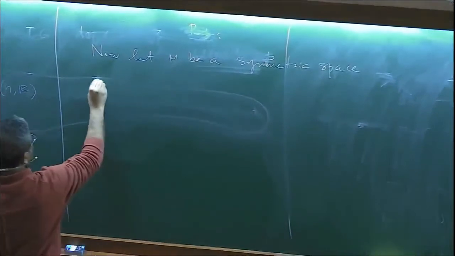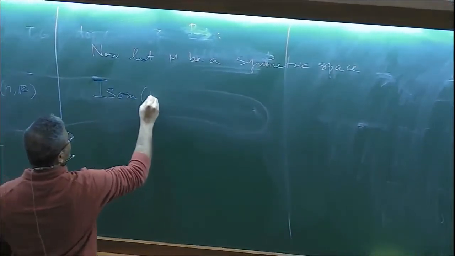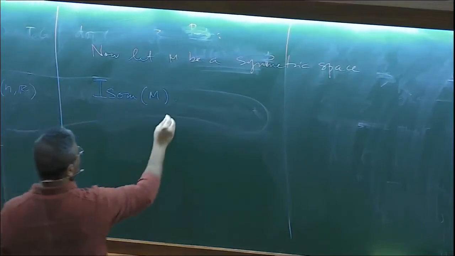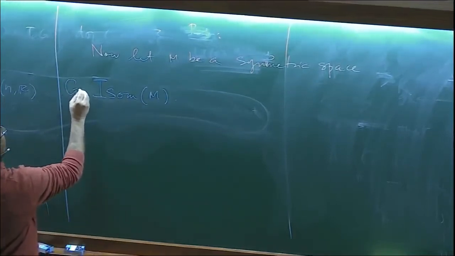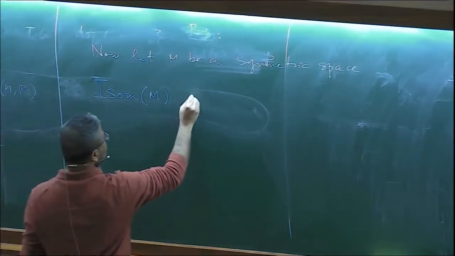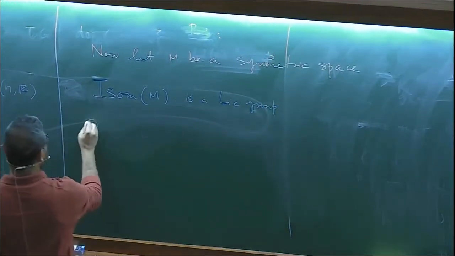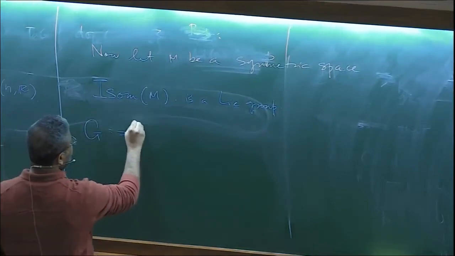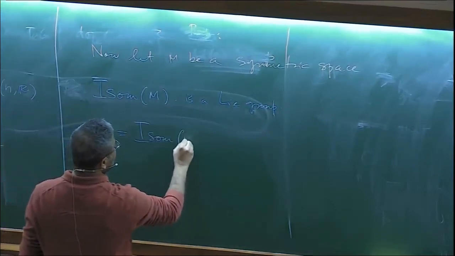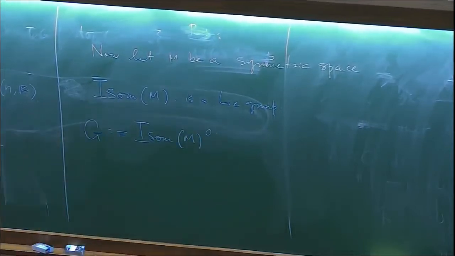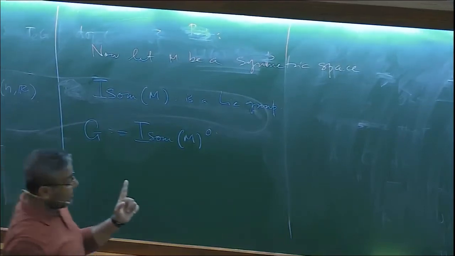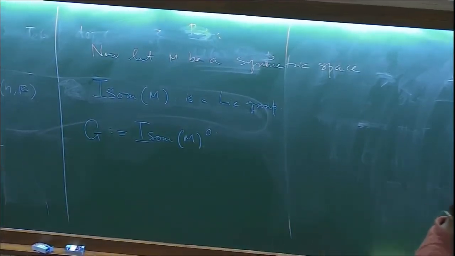I consider isometry M. This is a Lie group. And I denote G by the connected component of this Lie group. The full isometry group, we have proved that it acts transitively on the manifold, and so will its connected component.